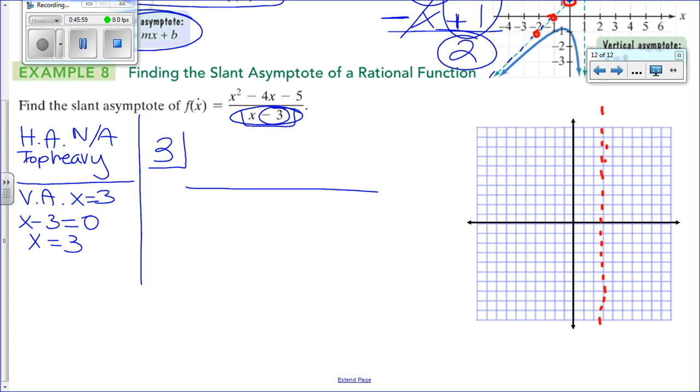Now I'm going to write down my coefficients, so those will be 1, -4, and -5. So if we drop the first term, that is a 1, then we multiply 3 times 1, that's 3, -4 plus 3 is -1, 3 times -1 is -3, and -5 minus 3 is -8. So -8 becomes the remainder.